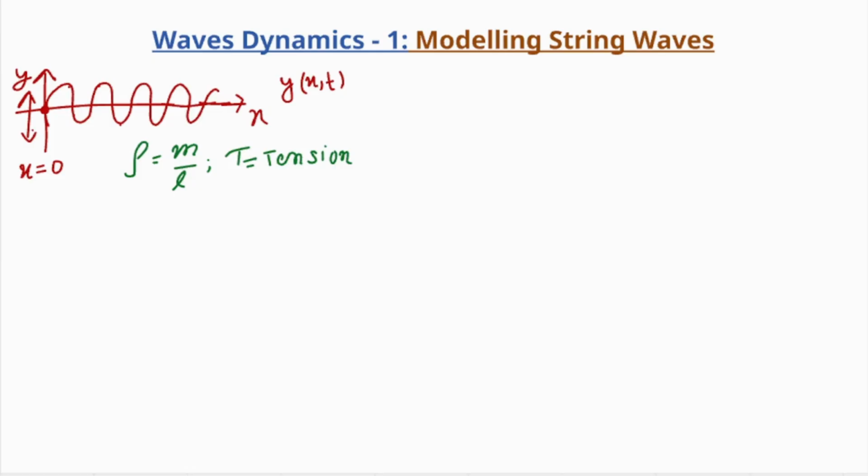Now, we define two more things before we go to the FBD of the string. The first thing that we are going to define is a force function. What is this force function and why is it useful?